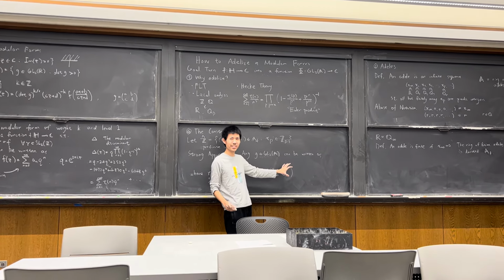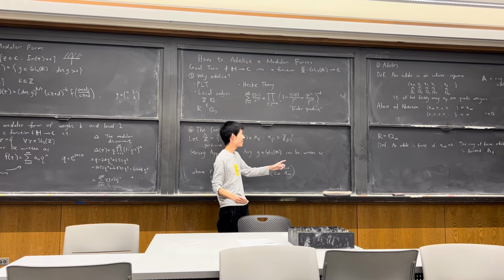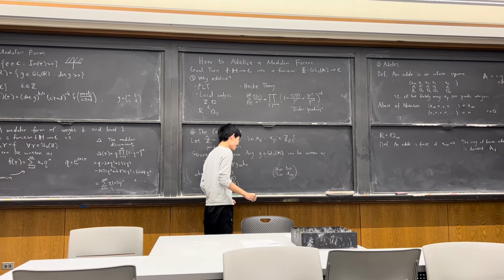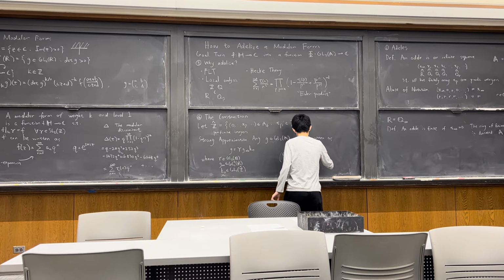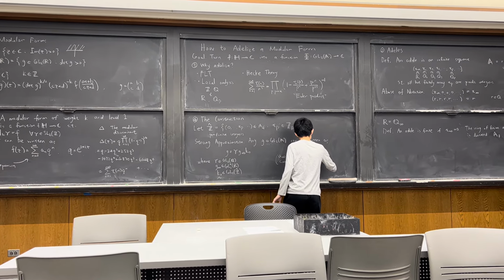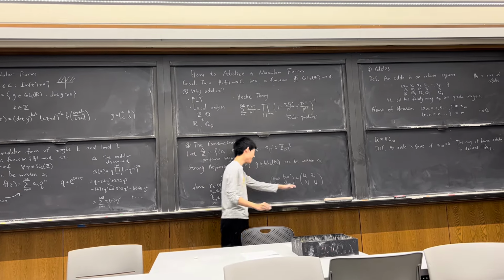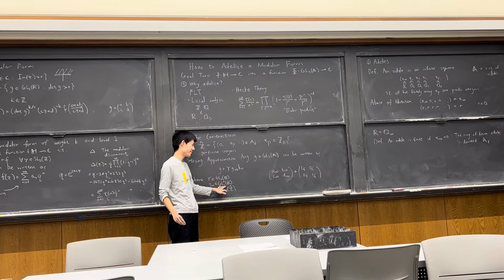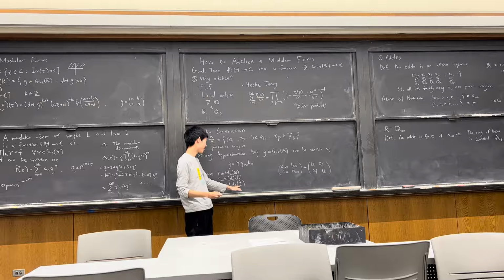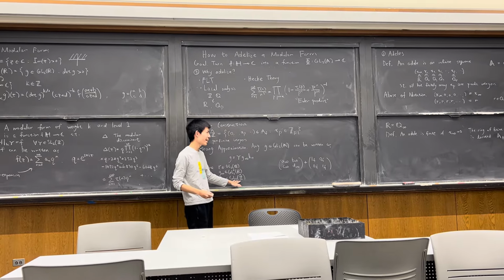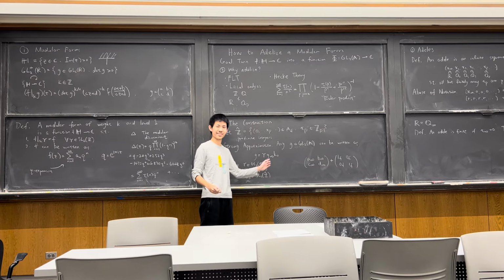That's not an element of GL2(A) because the determinant is a real number, and real numbers are actually not invertible in the finite adeles. Instead, what you need to do is add an identity matrix of finite adeles. And only then can you actually treat this as a subgroup of GL2(A). And then the same thing occurs here. Here you need to add an identity matrix of real numbers to it.